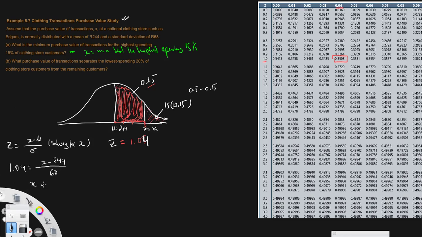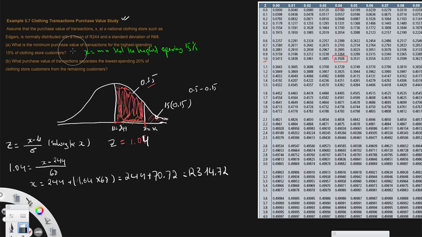Therefore my x will be equal to 244 plus 1.04 times 68, which is equal to 244 plus 70.72, which is 314.72 rand.